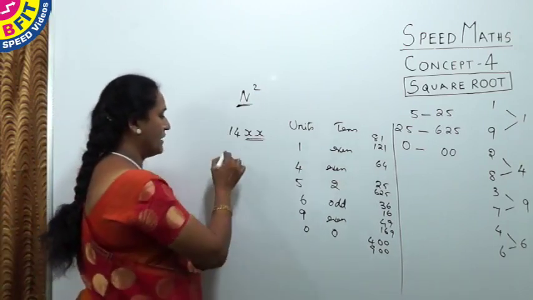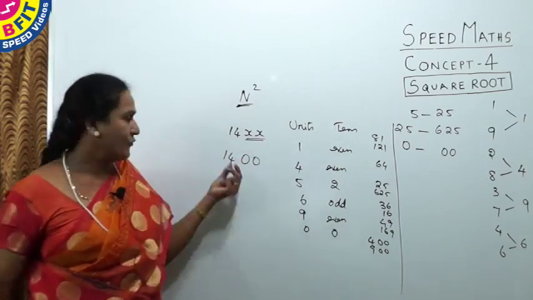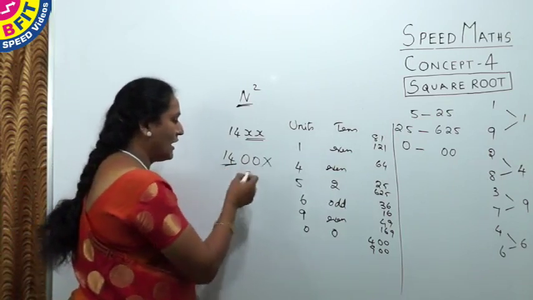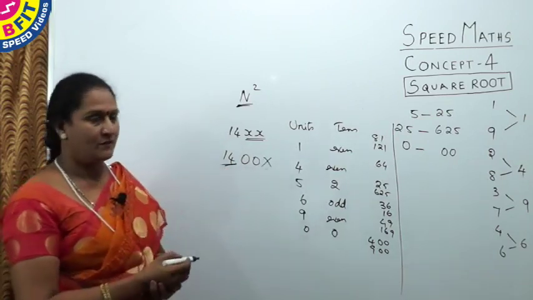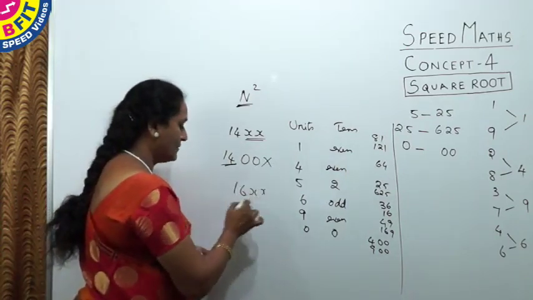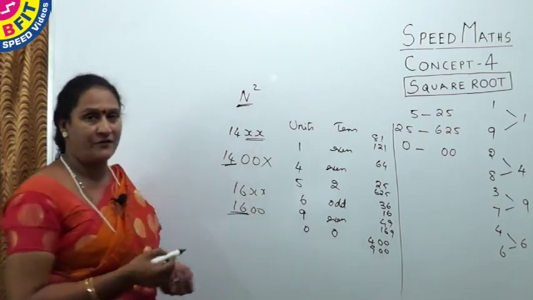So suppose you write 0 for x, the number of apples will be 1400, and as 14 is not a perfect square, you can't have 0 as the value of x. Suppose for example the number is 16xx, then you can write zeros because 16 itself is a perfect square.